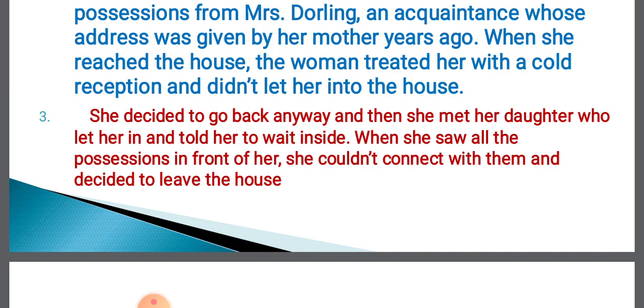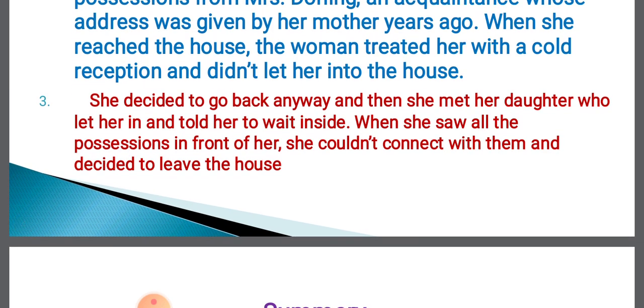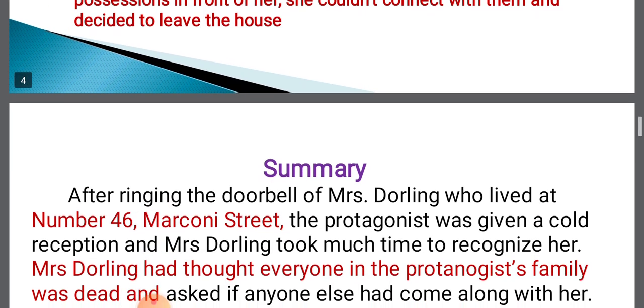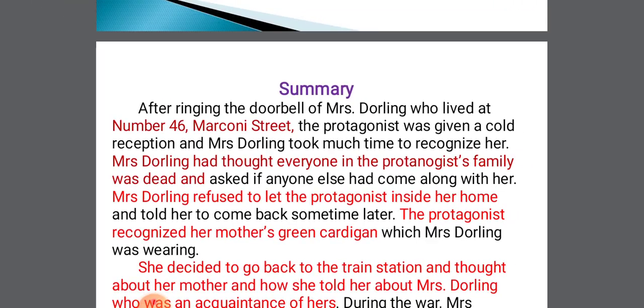From childhood, the things with which she was brought up, when those things came before her, she became nostalgic. Moreover, she saw that those nice belongings were being kept in a very untidy manner, and that actually hurt her, and finally she decided to go away from there and never to possess all those things.